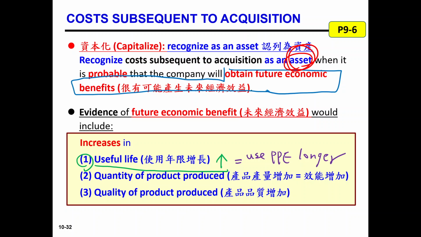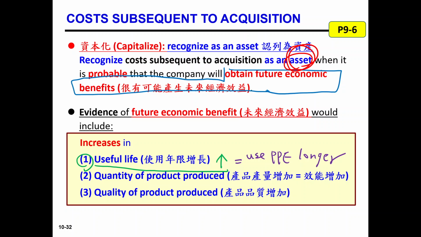Second indicator, okay, I have a future economic benefit is when, after I repair my machine, I find out the quantity of product produced increases. So before, my old machine's efficiency was quite low.